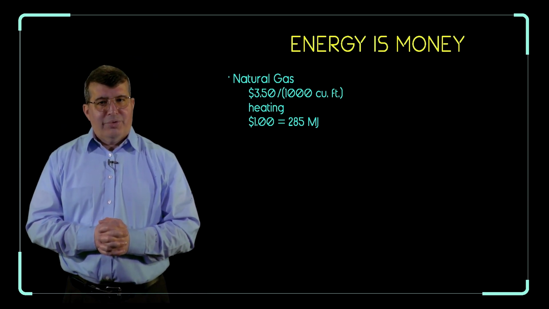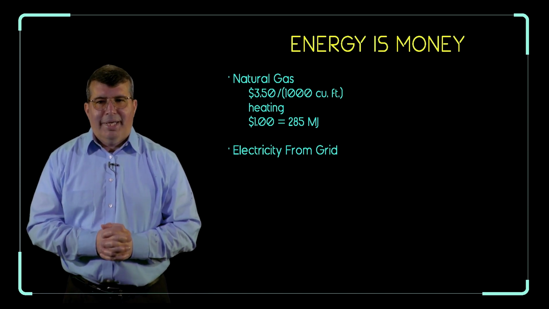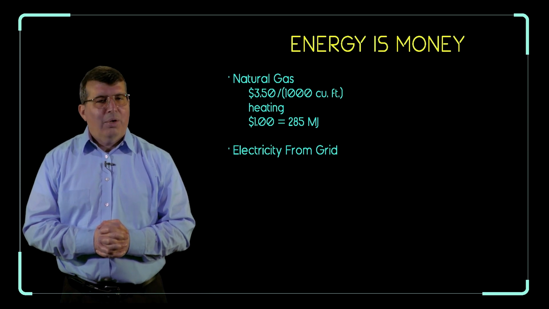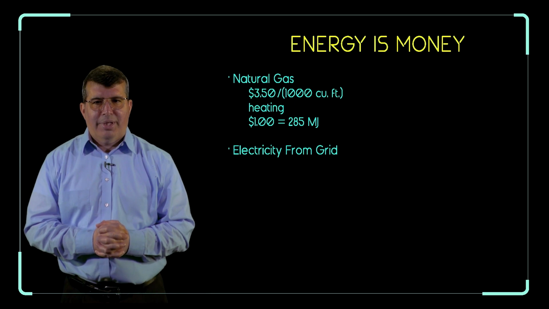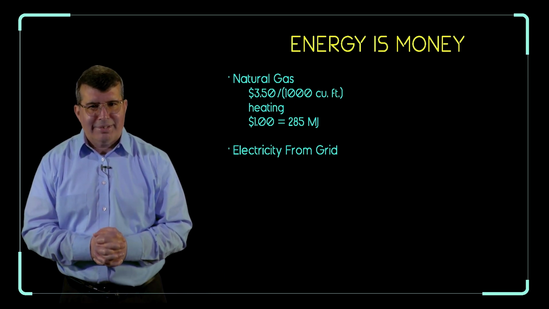Now, how about electricity? Once again, I looked at my bill, and my bill said that for every kilowatt hour of energy that I got from the electric company, I had to pay them 10 cents.